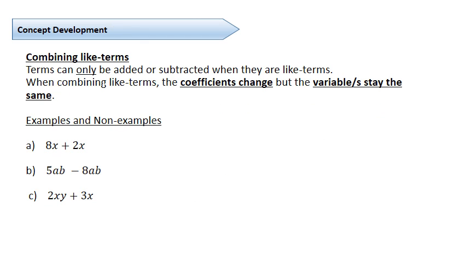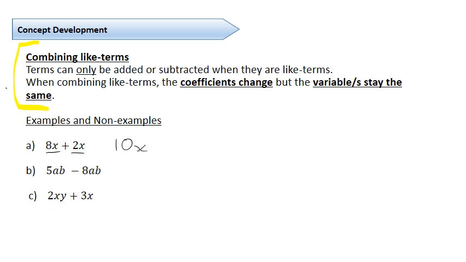Alright, combining like terms, I'd like you to pause the video and copy that down into your books. Now the whole point of combining like terms is so we can make our algebraic expressions easier, which will make solving them a lot easier in the future. So in the first one, we've got 8x and 2x.